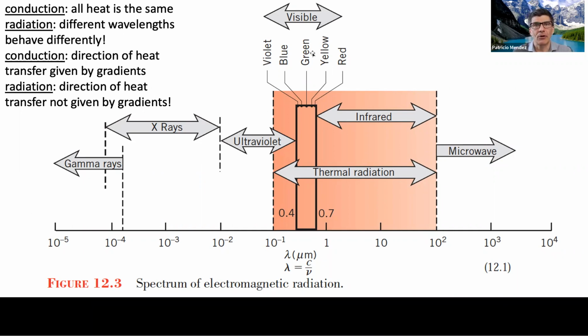The wavelength of this electromagnetic radiation matters a lot. And each different wavelength will have different properties. Very literally, each wavelength is a different color, right?